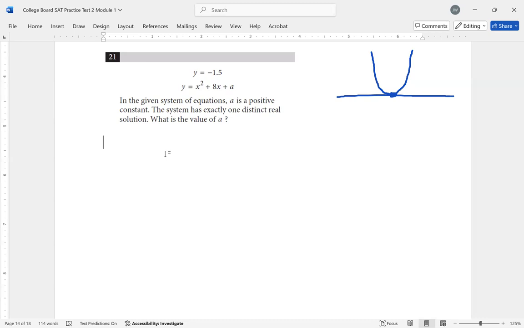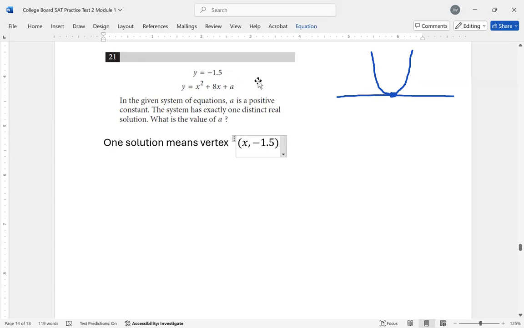So let me write this down. One solution means we get the vertex hitting the line, and that means the vertex is going to be such that we're going to have an x value, and the y value of the vertex is going to be negative 1.5. That's the only way we hit the line, right?